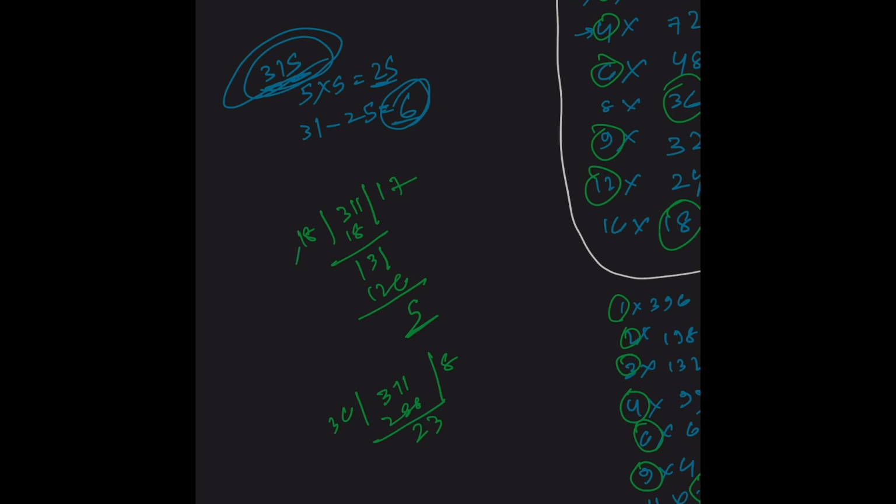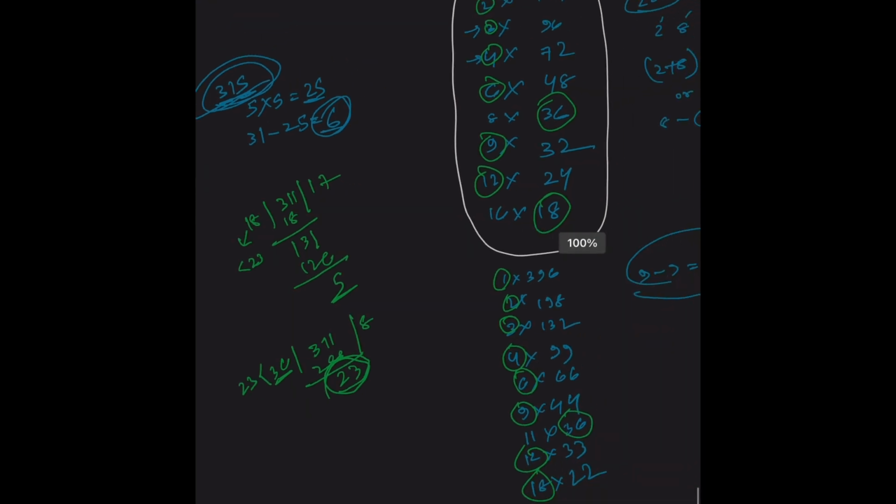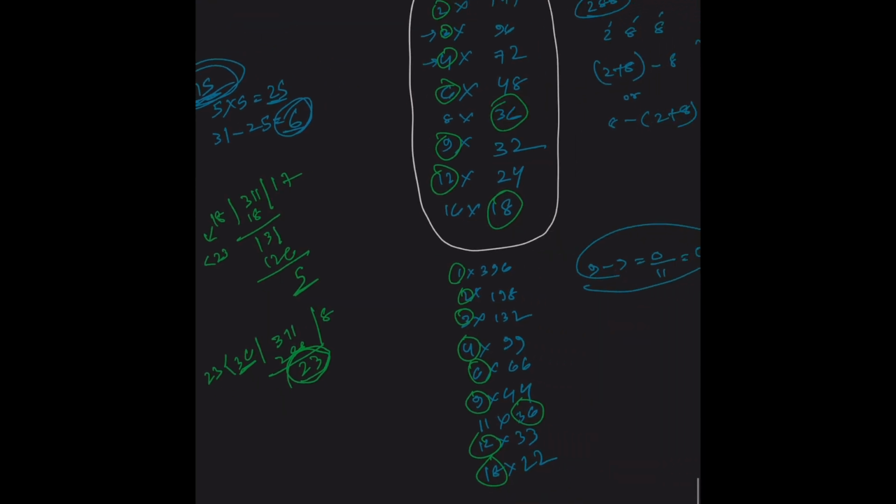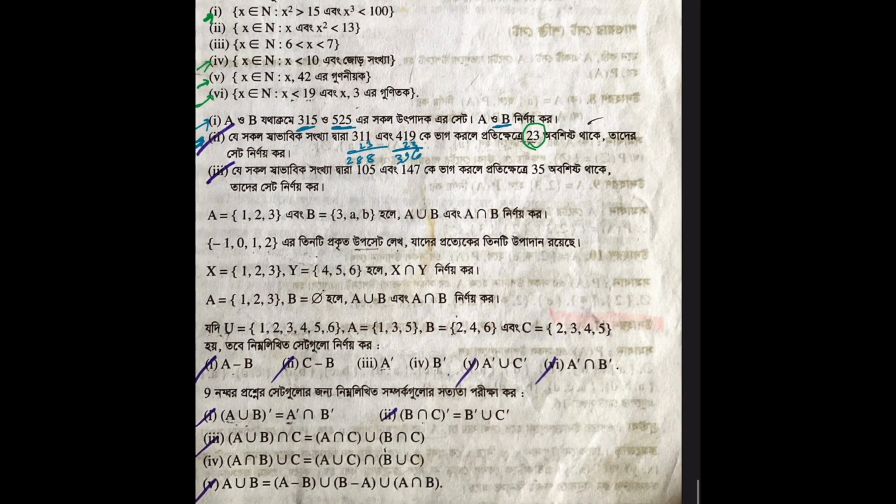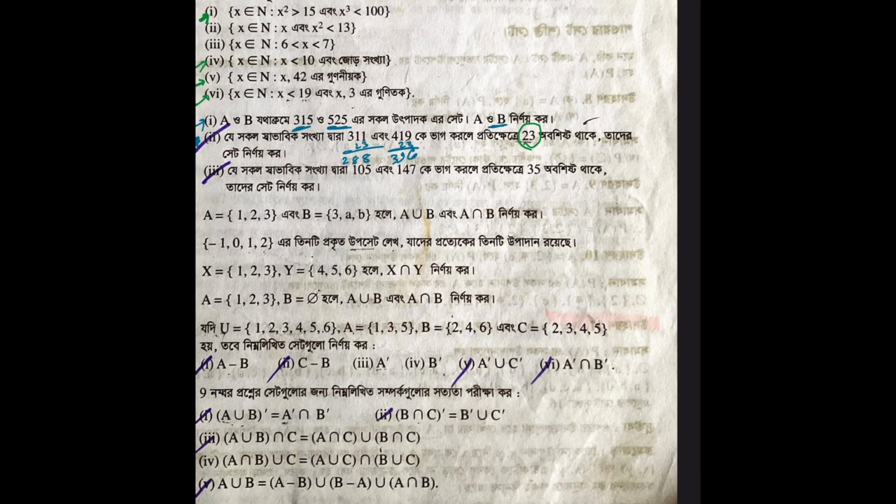Because 18 is less than 23. When we use 36, which is greater than 23, we'll have the remainder as 23. So when choosing numbers for our set, we'll have to take only those numbers that are greater than 23. So in this case, we can take 36 from here, and 36 is the only answer.